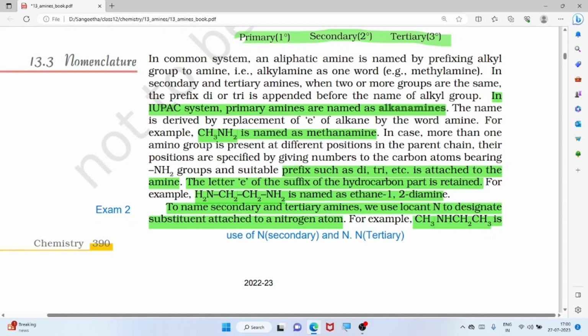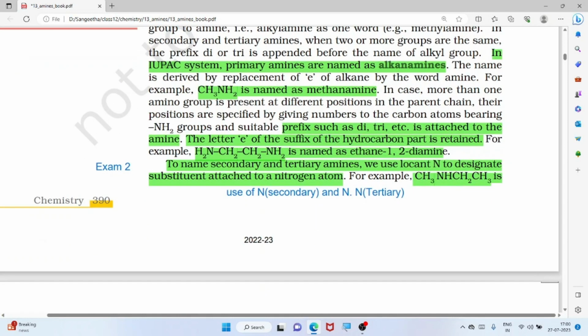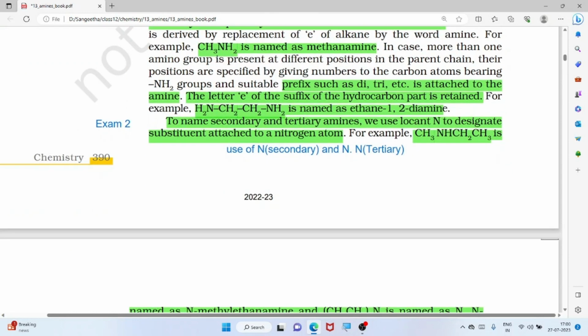Okay, now the IUPAC nomenclature of the amines. CH3NH2 is methylamine. We use the di- and tri- prefixes attached to the amine, based on the number of groups attached.